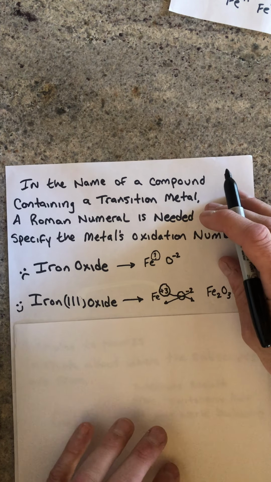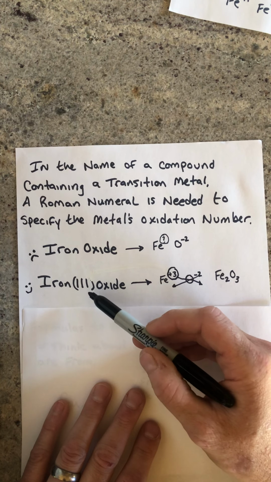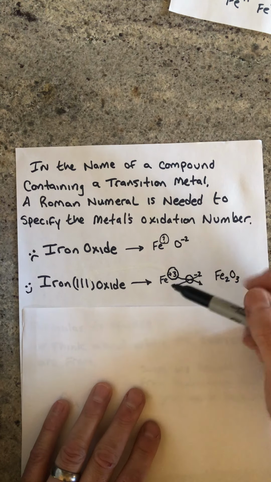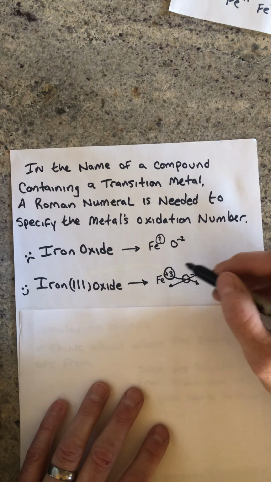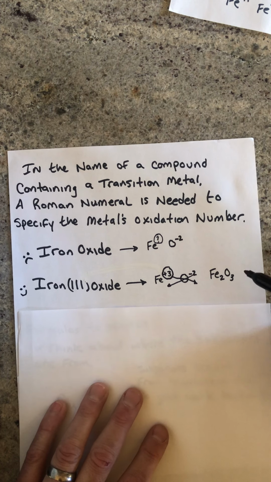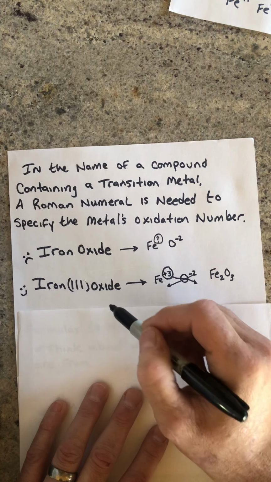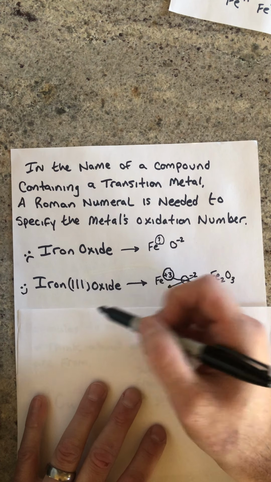So here's what we do. If we're given the name iron with a Roman numeral 3 oxide, then we know that the oxidation state of iron is +3. Now we have everything we need to do our switcheroo rule, and we can make a valid formula. And I just chose iron 3 oxide. This could have just as easily been iron 2 oxide or iron 1 oxide.